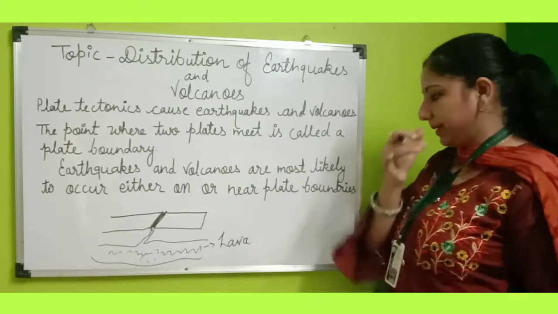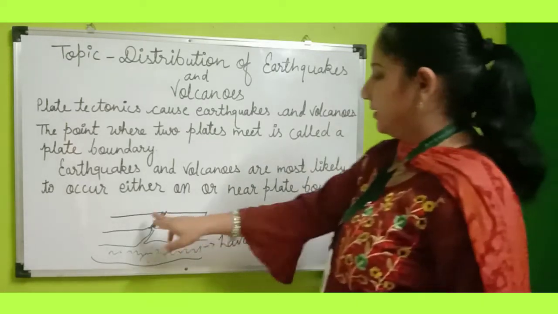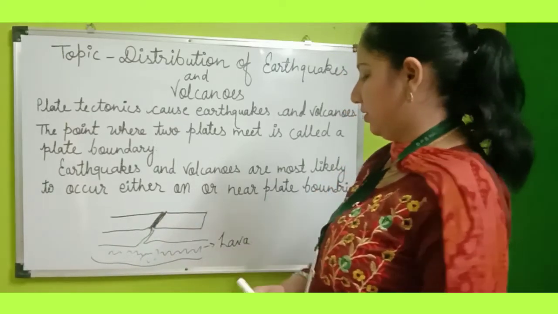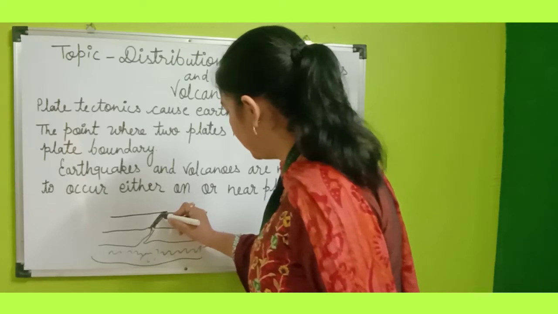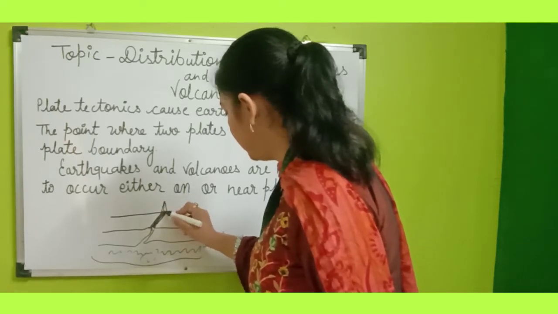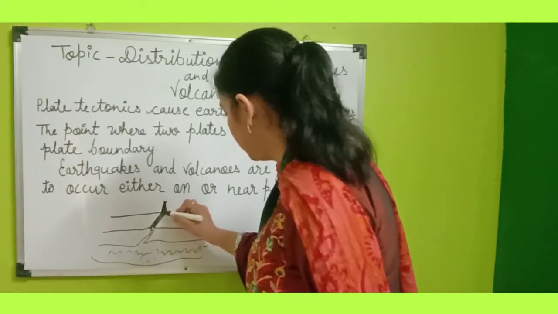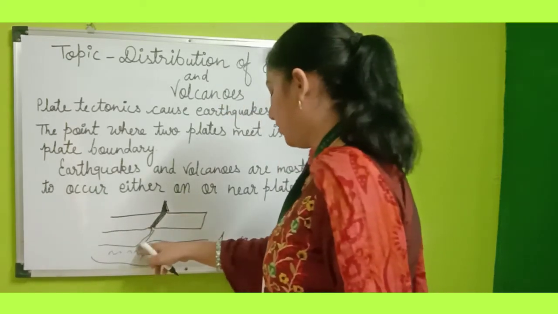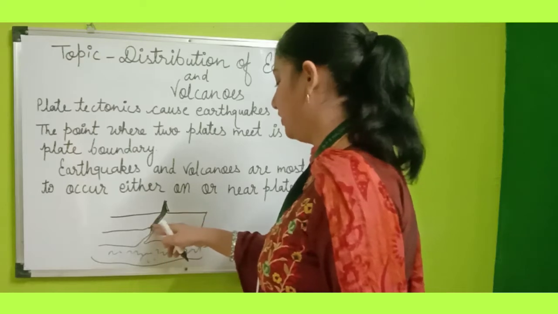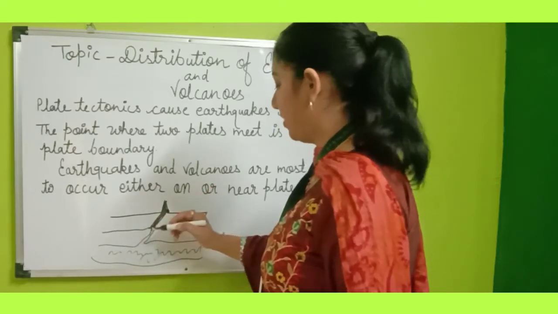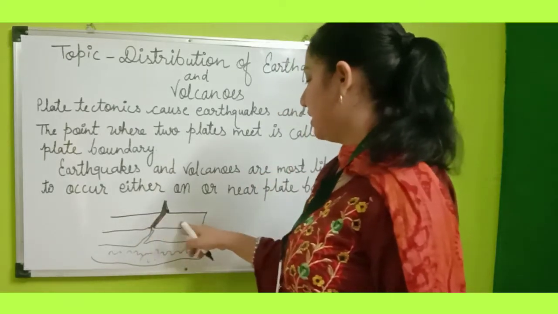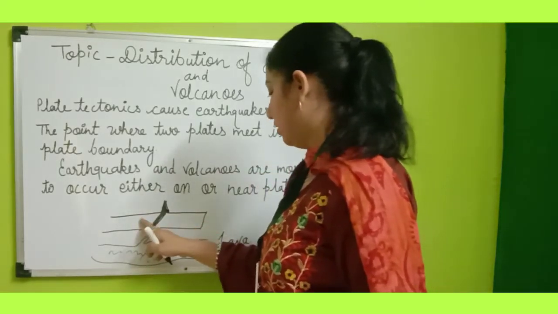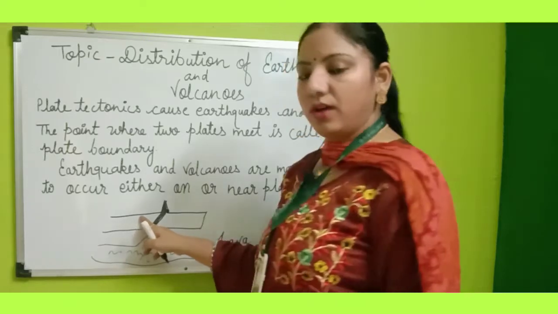So the main part of the volcanoes and earthquakes is that meeting point, because it is a pass for this vent through which the lava or magma can come out, and we can say it is also a cause of earthquakes.